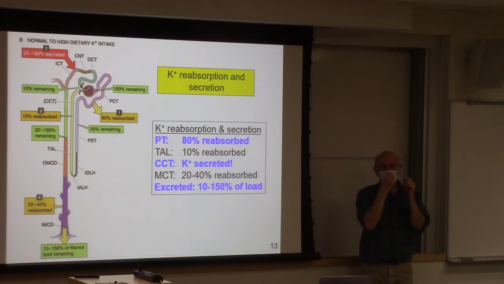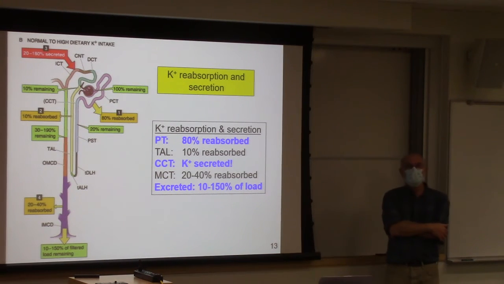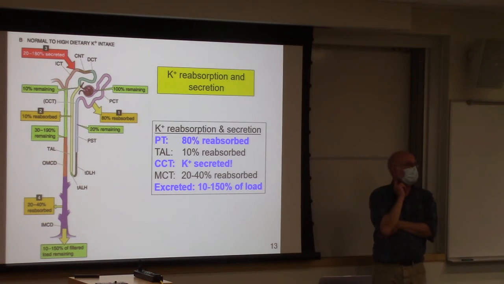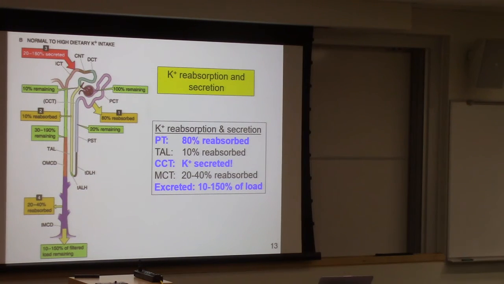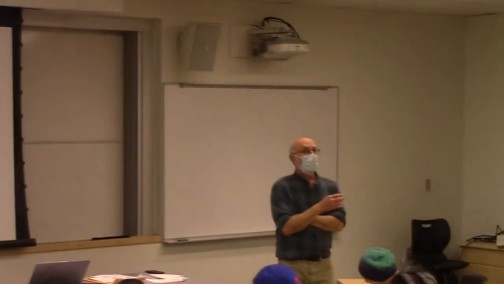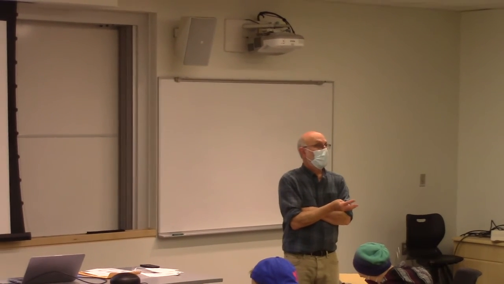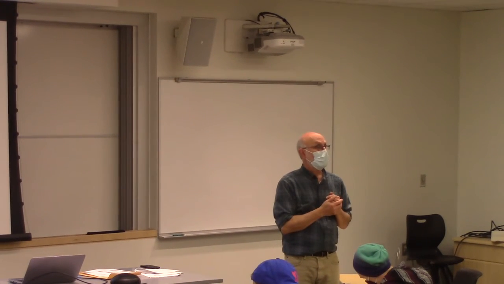Why would having too much potassium be dangerous? What would happen if your serum potassium got high? Why would it be problematic for the heart and for the nervous system? Increased potassium would cause a depolarization of the resting membrane potential, so it would be less hyperpolarized.